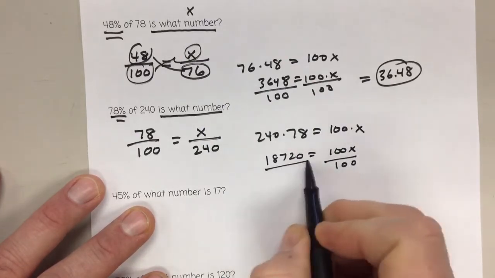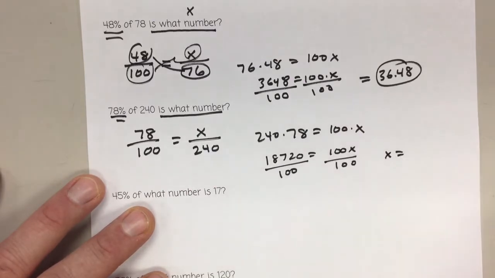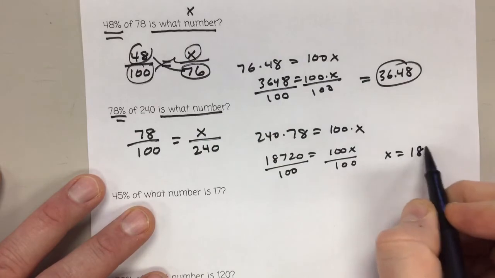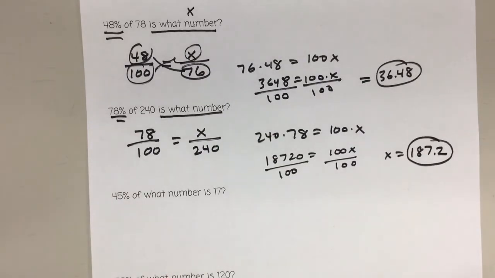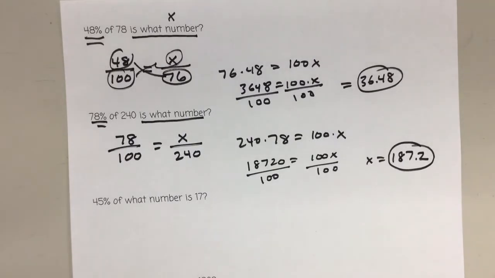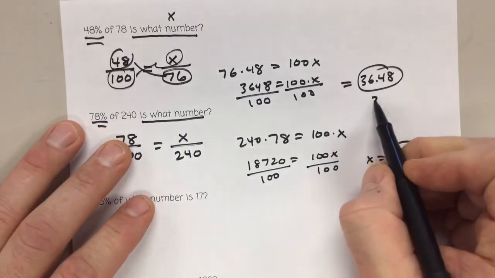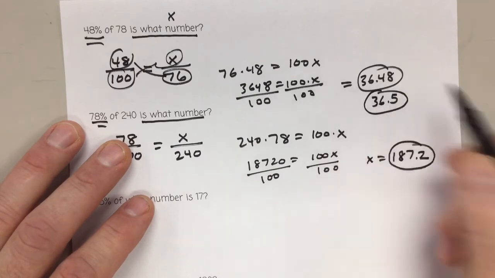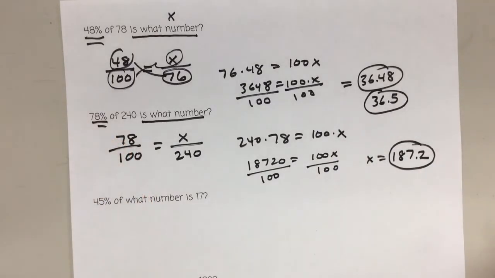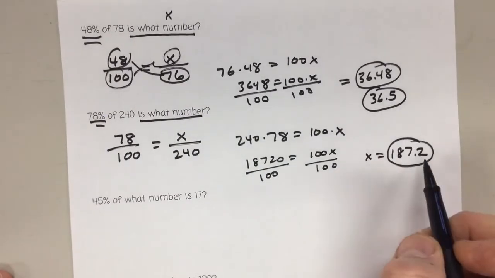Divide both sides by 100. It's 187.2. And on these, it is fine to round to the tenths place. So 36.48 would actually become 36.5. That's how you should enter your answers into Moodle. 1 decimal place.